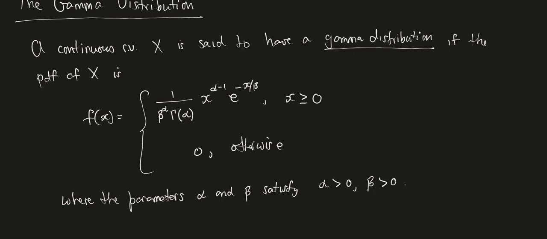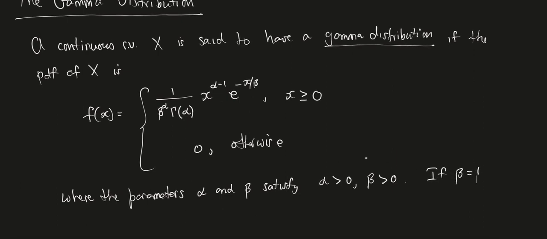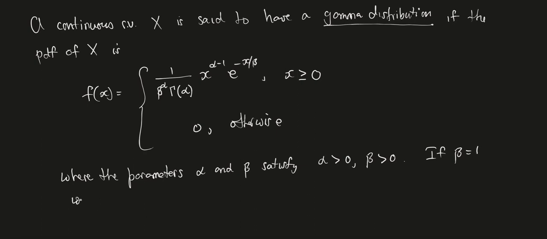And if beta is equal to 1, then the distribution is said to be a standard gamma distribution. Right, so it's just a special case. In fact, there's another special case when alpha is equal to 1, and again, that will be handled in the future. So if beta is equal to 1, then we have a standard gamma distribution.